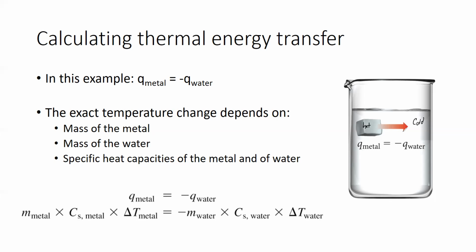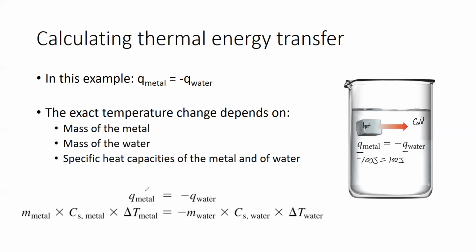Like I said, we talked about this on Monday. It's just an expansion of that idea, and that's what this means: Q metal equals negative Q water. The Q is the same numerical value, just different signs. So in the way I'm writing it, the metal might lose 100 joules, therefore the water has to absorb those 100 joules.